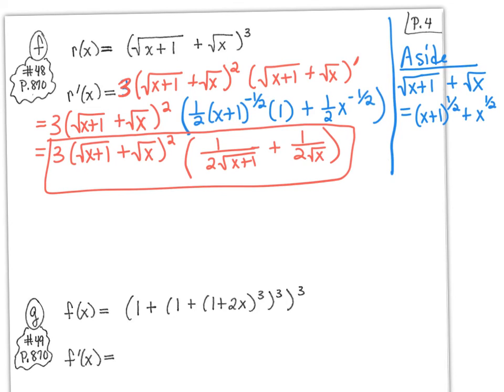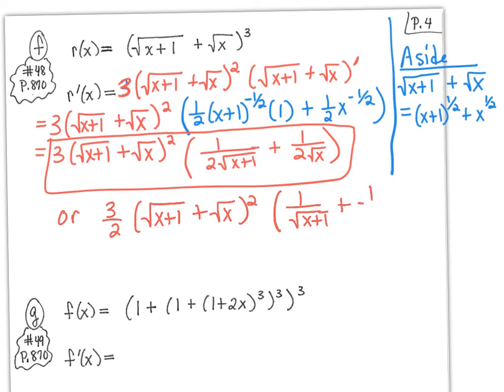You may see the fact that these two have 1/2 in common. And if they have 1/2 in common, you can factor that out and multiply that by the 3. So you could rewrite that as 3/2 times the quantity square root of x plus 1 plus the square root of x squared times the quantity 1/square root of x plus 1 plus 1/square root of x.